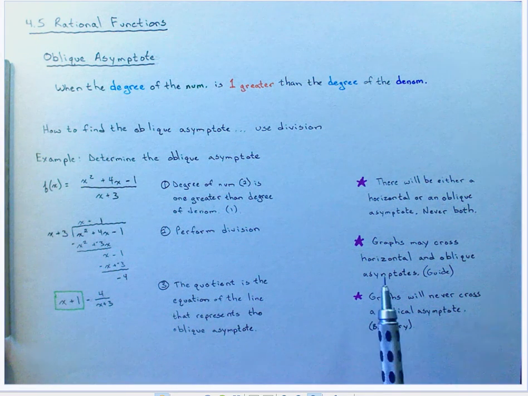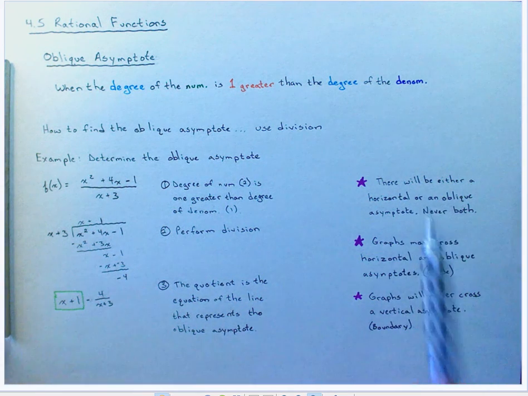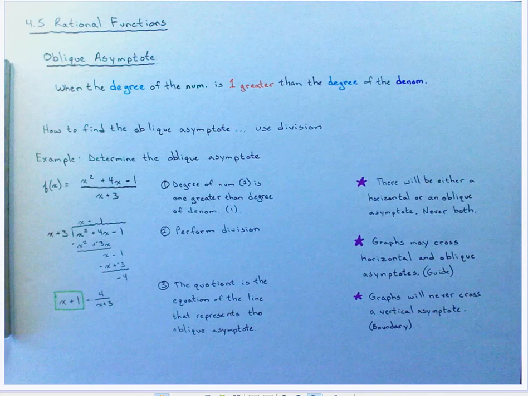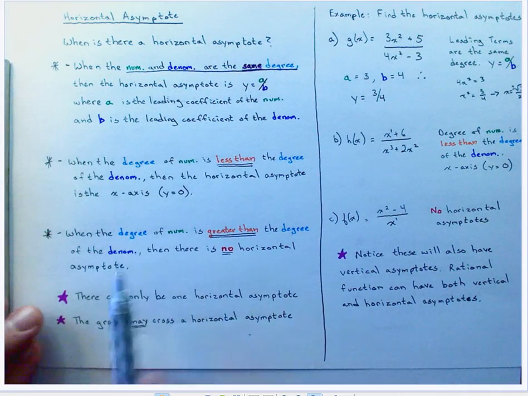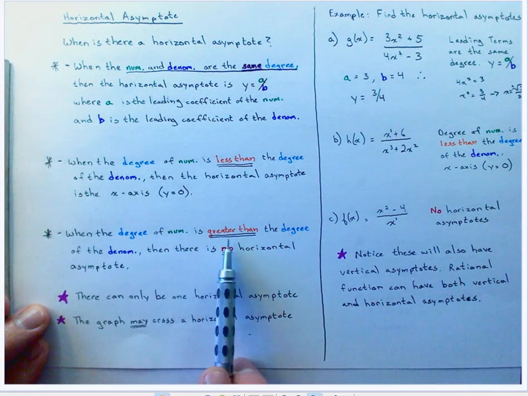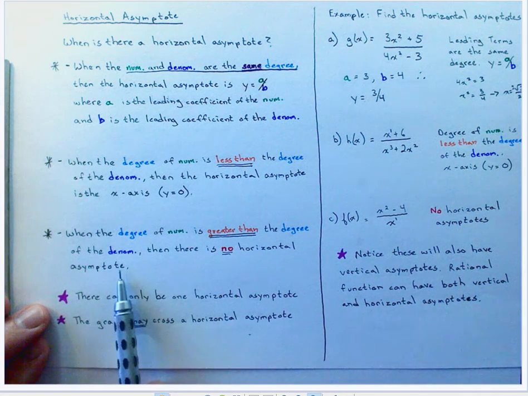Three things I want to point out before we look at the example on the graph. There will be either a horizontal or an oblique asymptote. Remember, for horizontal asymptotes, when the degree of the numerator is greater than the degree of the denominator, there is no horizontal asymptote.